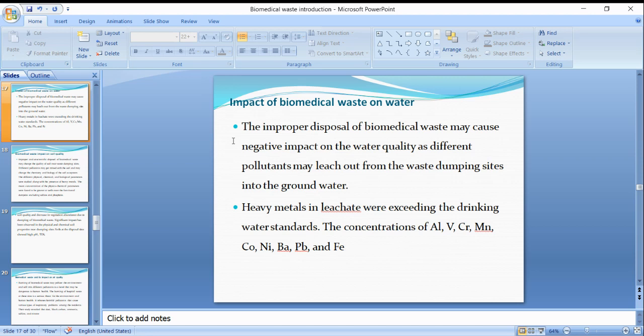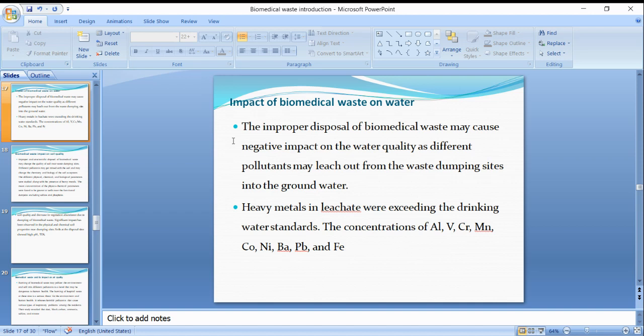After compaction or settlement, dry and wet waste will be there, and from the wet waste some liquid will come out. If that liquid mixes with the water, it will pollute it. So there are heavy metals in leachate. Leachate is nothing but toxic liquid.